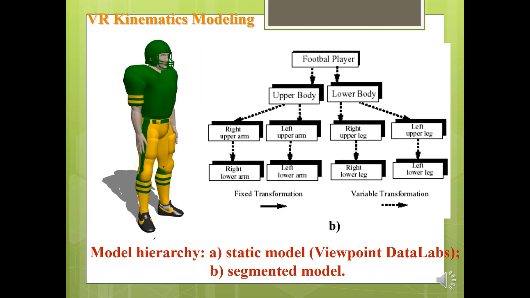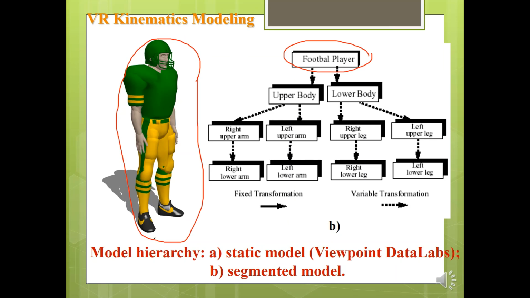Here is an example of object hierarchies in virtual reality. As you can see, we have this avatar, one football player here. What we can do with this virtual reality object is divide it into a model hierarchy. If you look at this chart, here is the hierarchy of this model, whose main part is the football player up here.